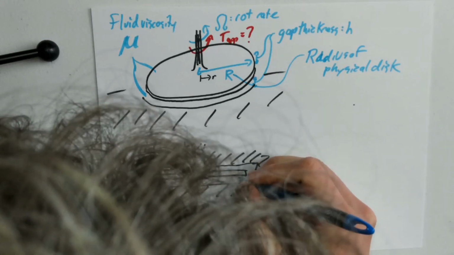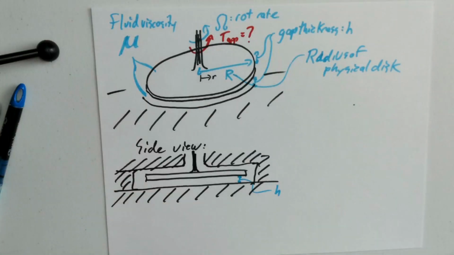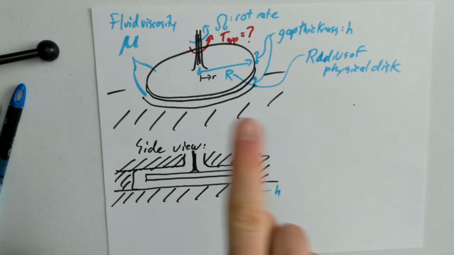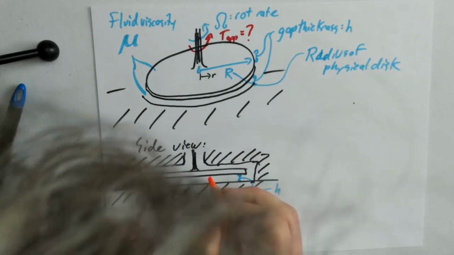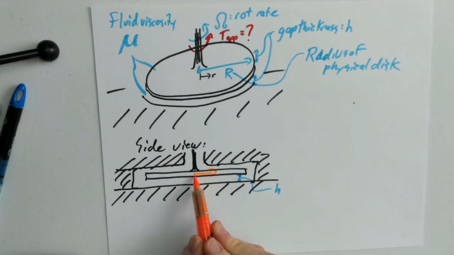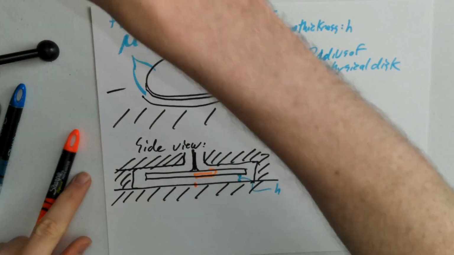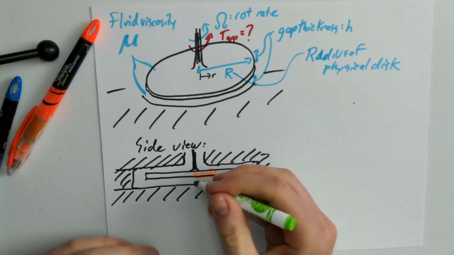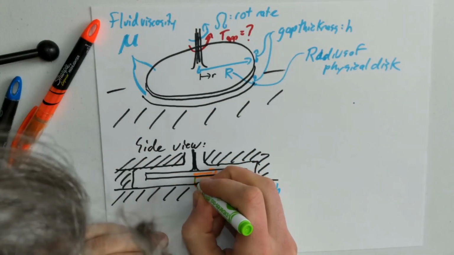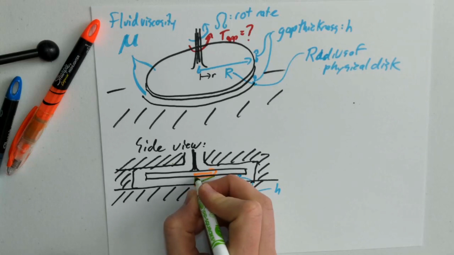The gap thickness here is h, and we can imagine that if the disk is rotating about this vertical axis, points on the disk are moving with some speed, right? But points on the ground underneath it aren't moving. So what does that mean? That means we get at least some velocity profile and hence some velocity gradient between the stationary points on the boundaries and the moving points on the disk, right?